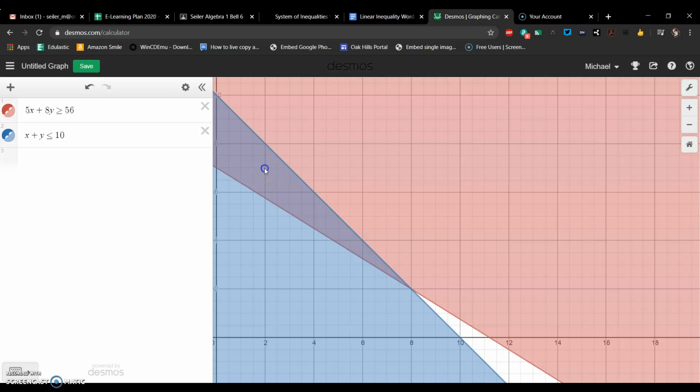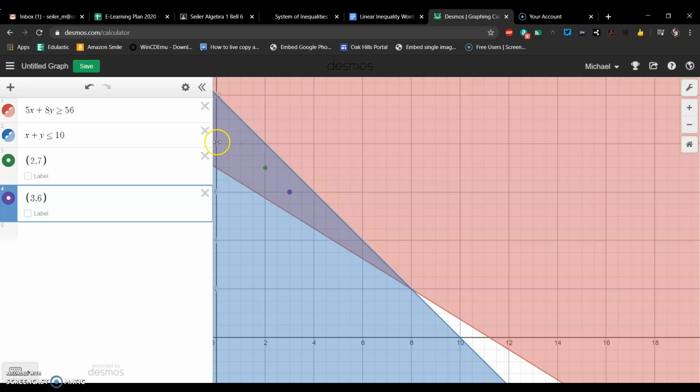I could pick this as a possible solution. He could work, that's the coordinate 2, 7. So this is going to be in my region. I could look at 3, 6. Any value that we find that's going to be in this region would work.